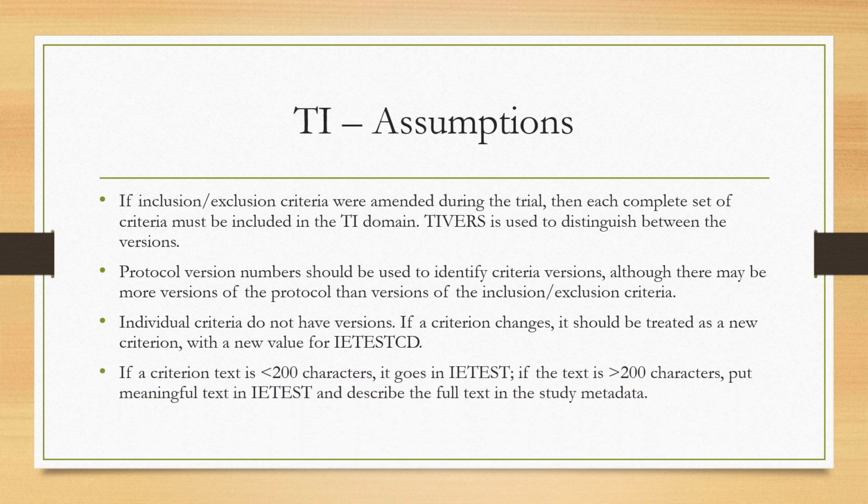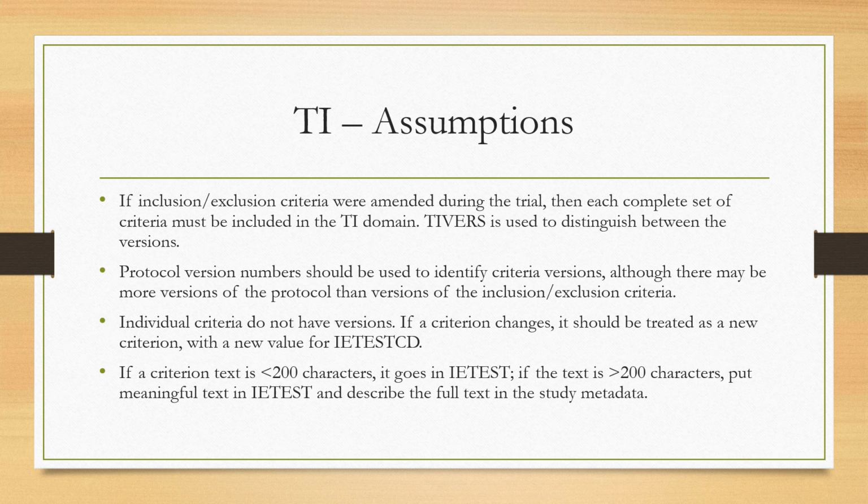The last assumption in the TI domain is about how to populate the criteria text if it is greater than or less than 200 characters. As we know, a particular variable in a SAS dataset can have up to a limit of 200 characters only. So if the criteria text is less than 200 characters, it goes in IE test without any issue.